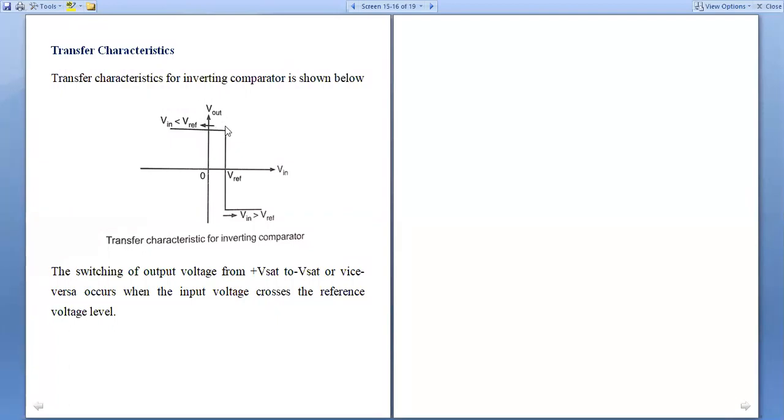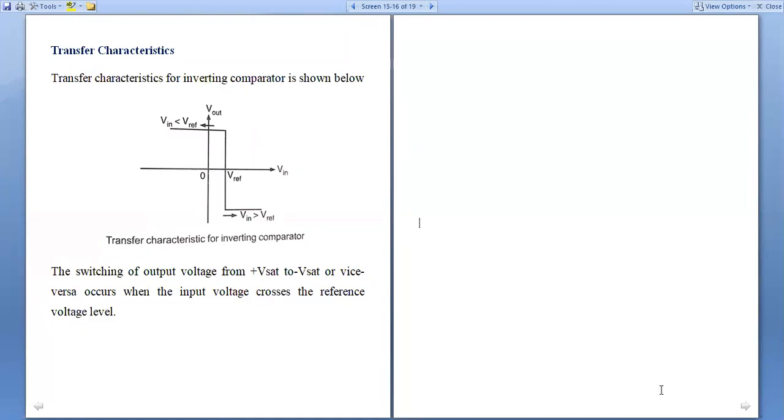That means the entire transfer characteristics is an analysis with respect to the terms positive V saturation or negative V saturation, in a particular domain: when the input voltage is less than the reference voltage, the saturation voltage is positive, and if the input voltage is greater than the reference voltage, the saturation voltage is negative. So that is about the transfer characteristics of the operational amplifier inverting type comparator.